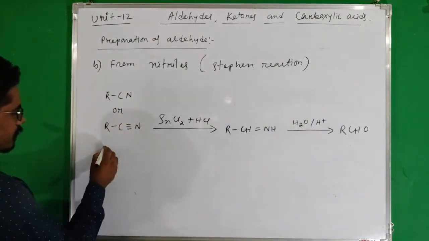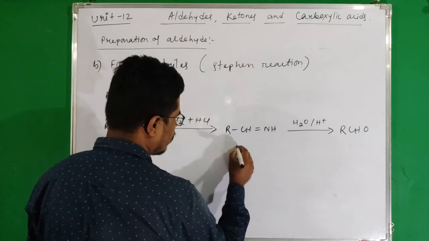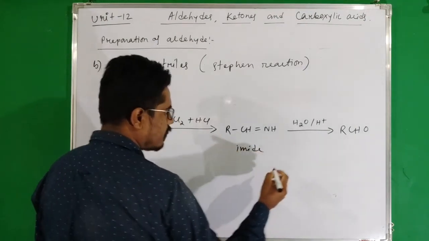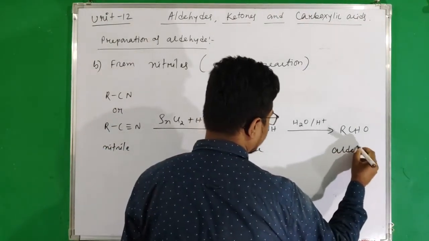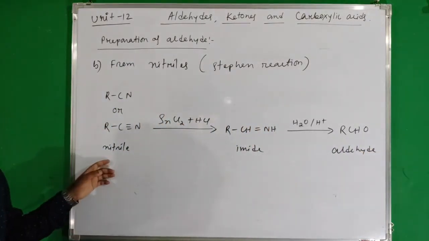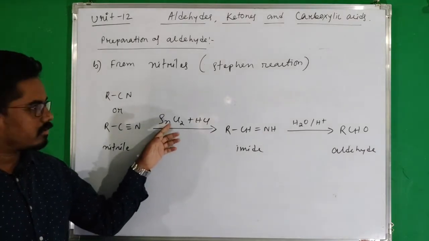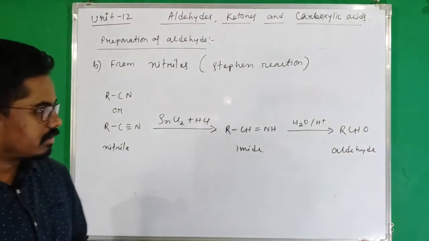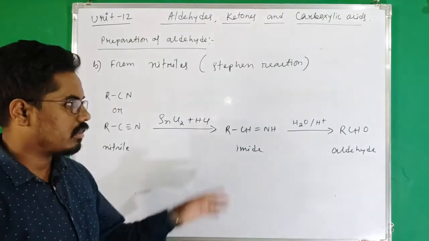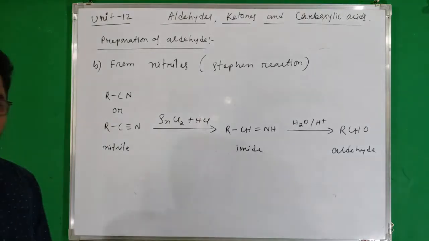This compound is known as nitrile, this one is known as imine, and then the final product is aldehyde. So when nitrile is reduced with SnCl2 in presence of HCl, then imine forms, and after hydrolysis the imine is converted into aldehyde.